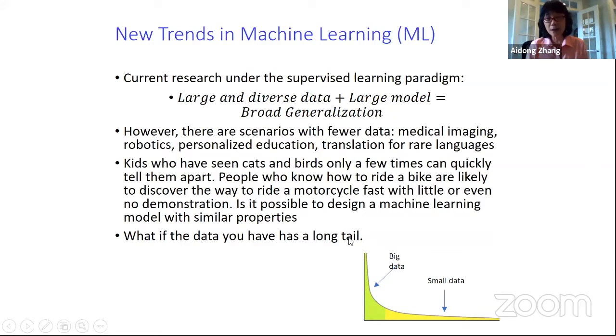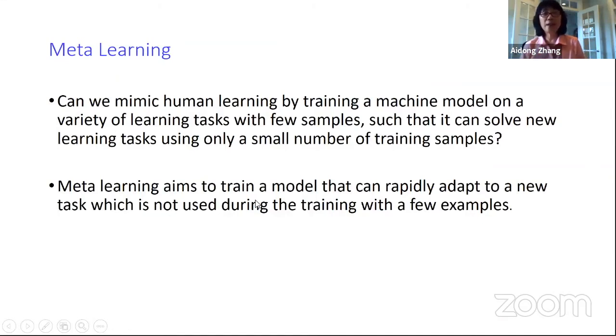Basically we have this long tail problem, where you have a lot of small data sets and have to figure out how to train your model. With that, people lately proposed what is called meta-learning. Meta-learning tries to mimic human learning by training the machine with a variety of different learning tasks, each of which has only a few samples, so that you can make predictions using the few samples in the testing set.